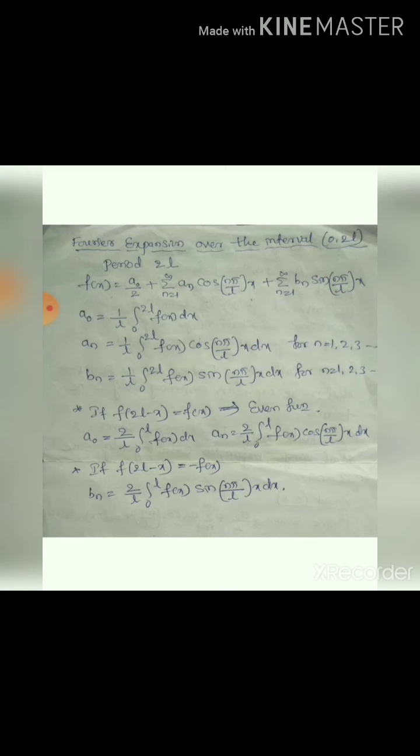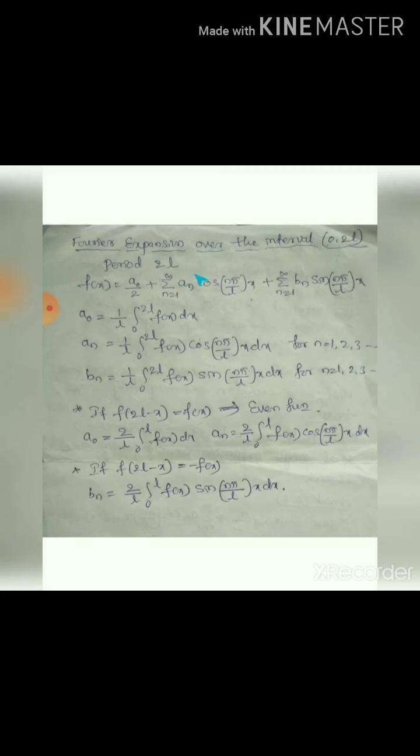After this, Fourier expansion over the interval 0 to 2l, and period is here also 2l, because 2l minus 0 you will get the period.